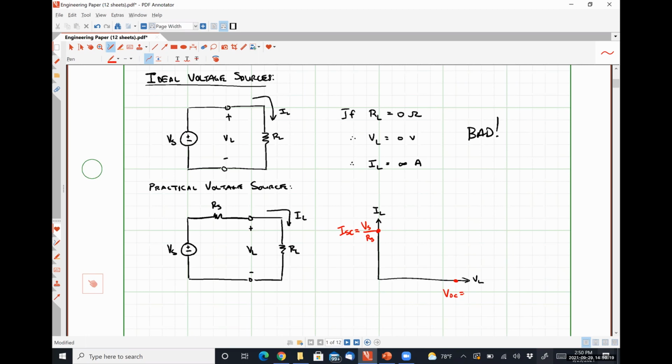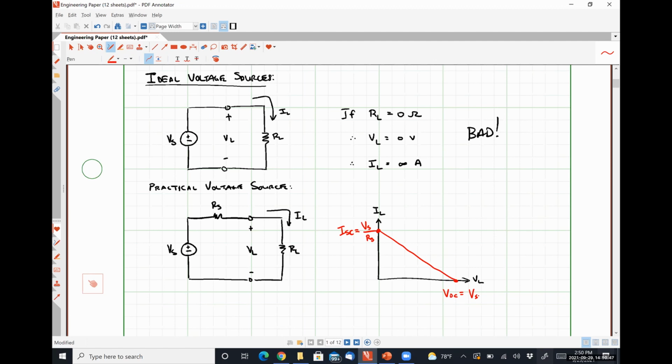All right. And between these 2 points, we have what's called a load line. And this load line really just represents the ratio of current and voltage for any possible resistor value, all the way from 0 ohms to infinity ohms.